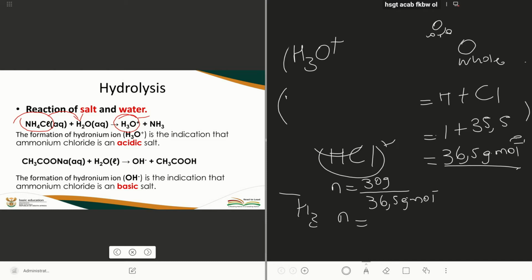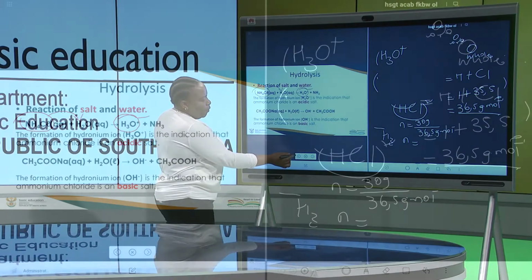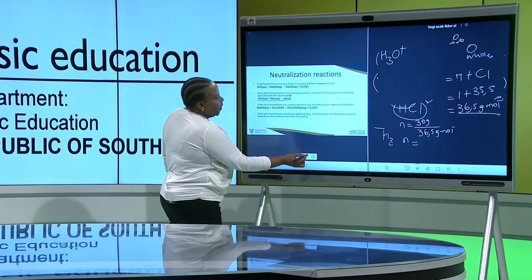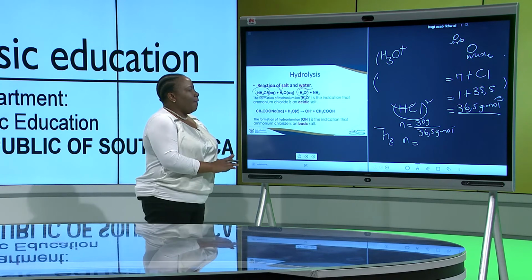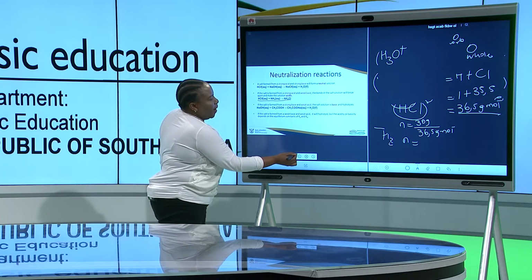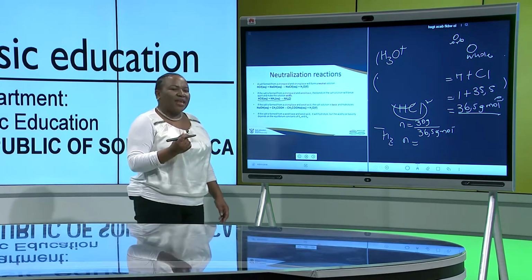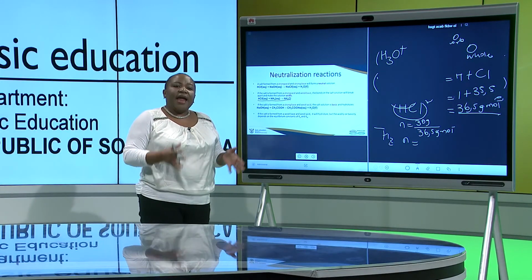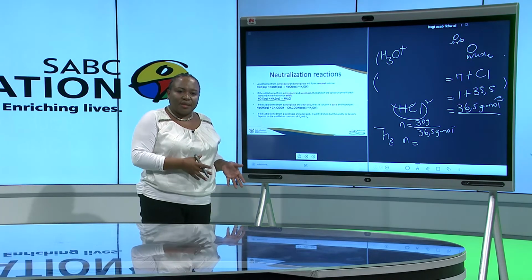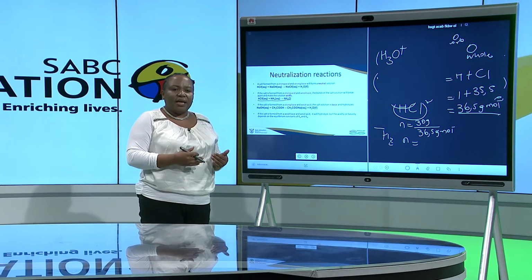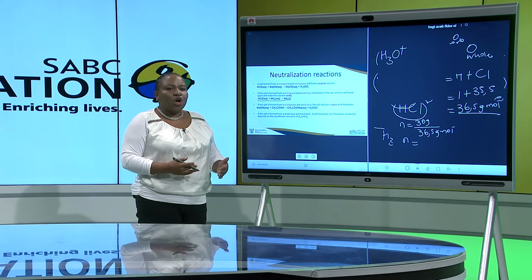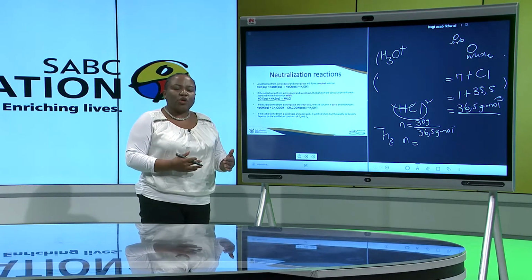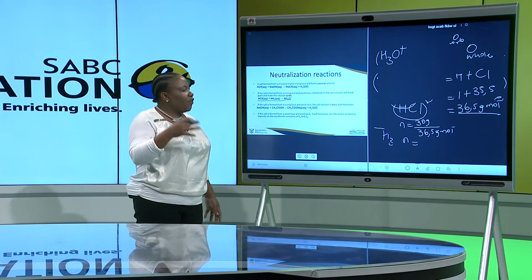When you look at the second example, sodium hydroxide with ethanoic acid, sodium hydroxide is classified as a strong base, and ethanoic acid is classified as a weak acid. Therefore, if sodium hydroxide reacts with ethanoic acid, obviously the strength of sodium hydroxide will overcome that of ethanoic acid.